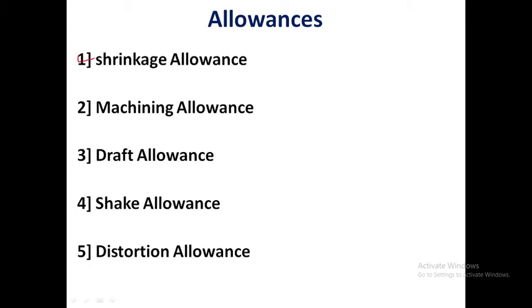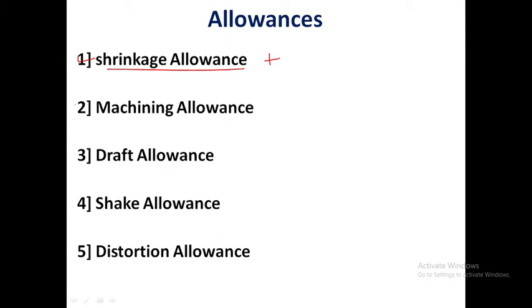As metal solidifies and cools, while cooling it shrinks and contracts in size. So to compensate for this, a pattern is made larger than the finished casting by means of the shrinkage allowance. Whatever the contraction is, it is different for different materials, that we will see later.